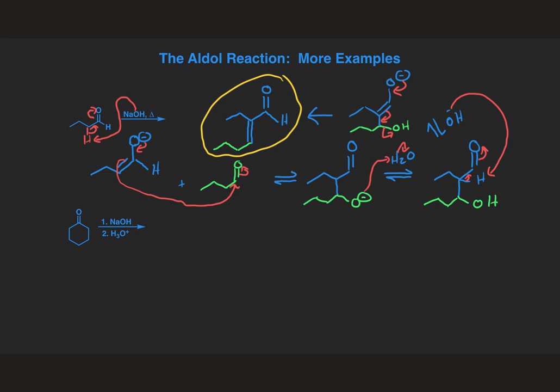If we repeat the predict the products process again for this bottom one, I'm going to draw the cyclohexanone as is, and I'm going to designate that this is going to be my nucleophilic carbon. It could have been that one just as easy, but I'm going to designate that one.